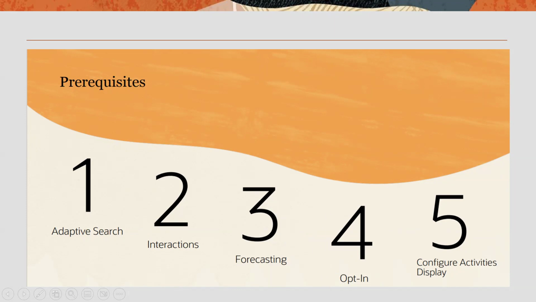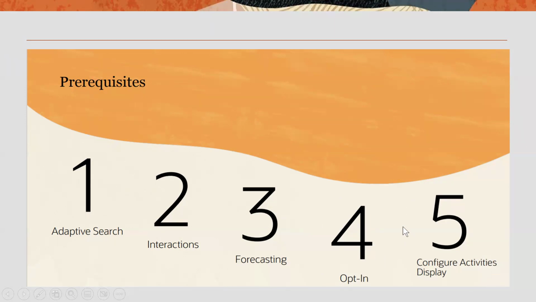Then we need to enable this, and we also need to configure activities display. We will see this in the demo part: how do we opt in, and how do we configure activities display. What is this activities display? Basically, the activities panel, right?